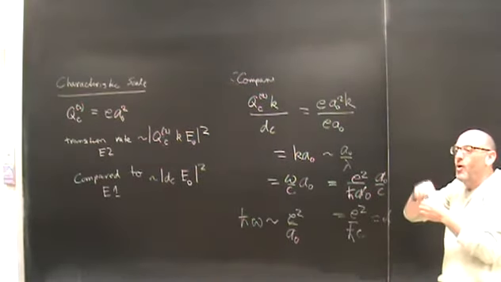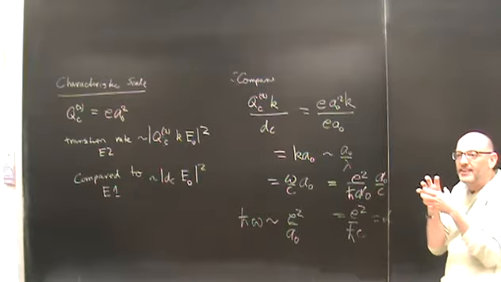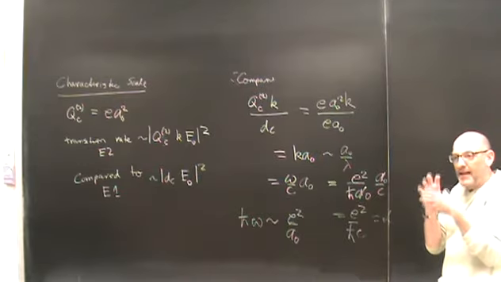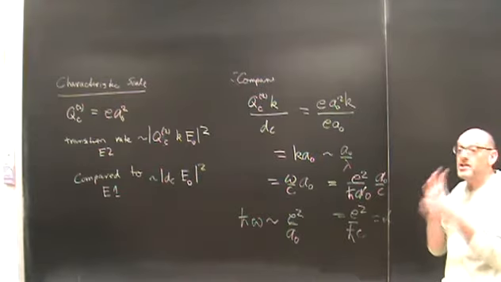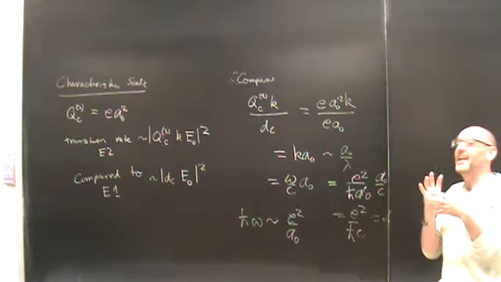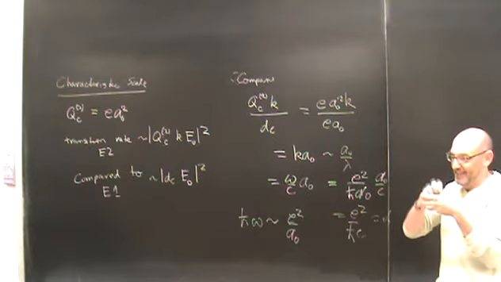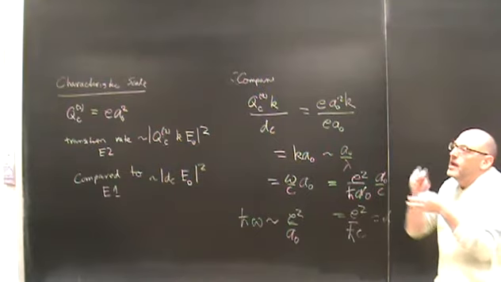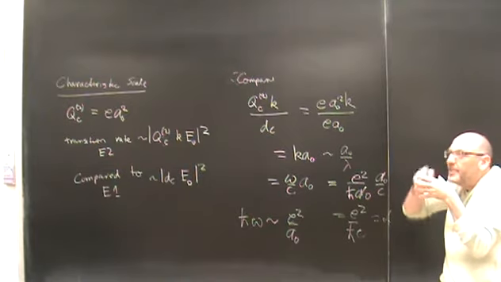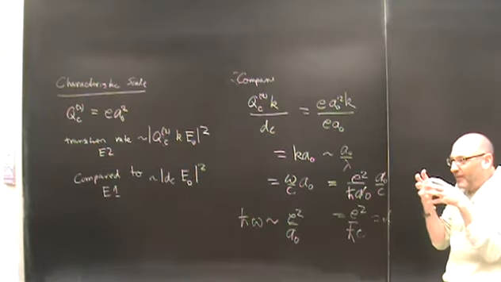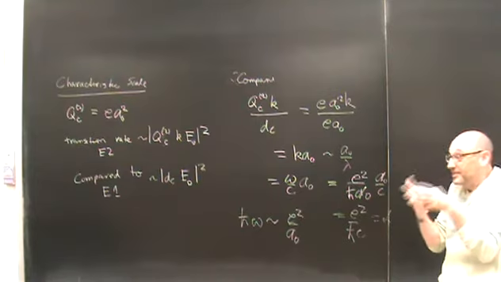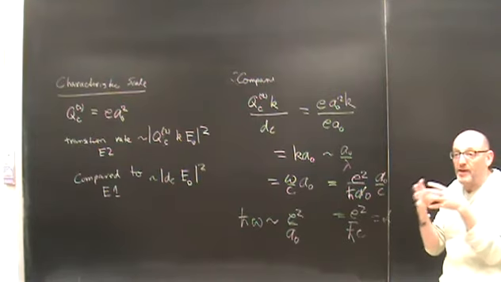But inside the coil, it's near field, and the magnetic field strength is going to be much, much, much stronger than the electric field strength. So inside there, the magnetic dipole driven transition is going to be much stronger than the electric quadrupole transitions.